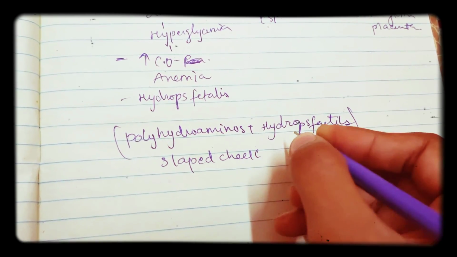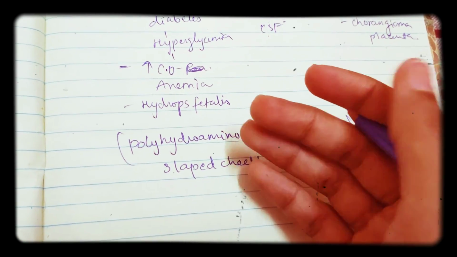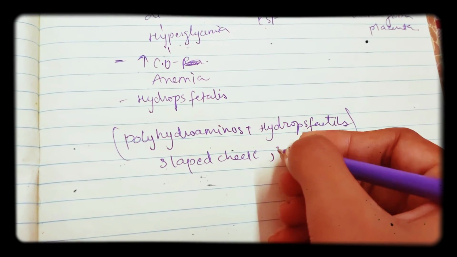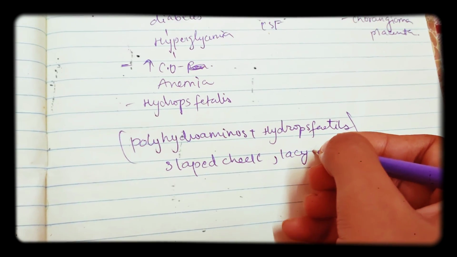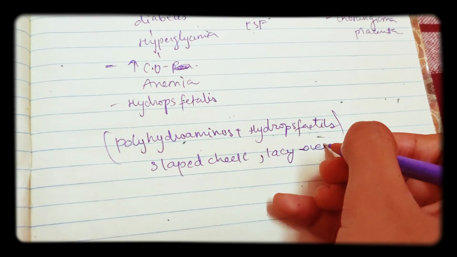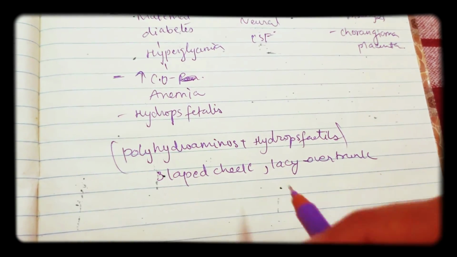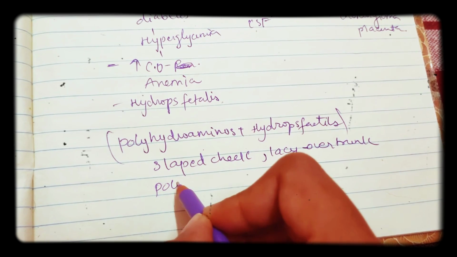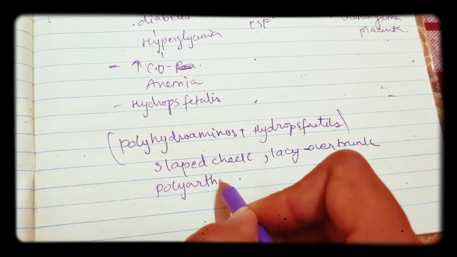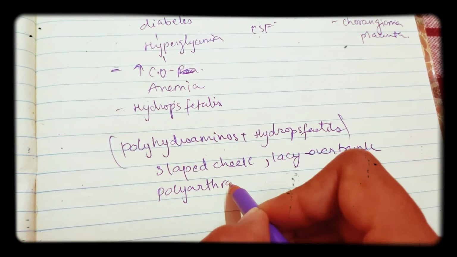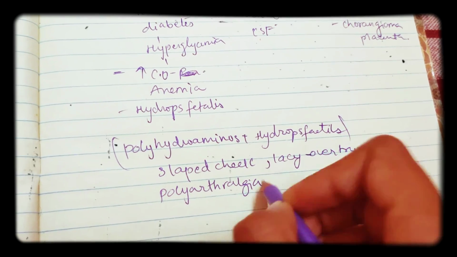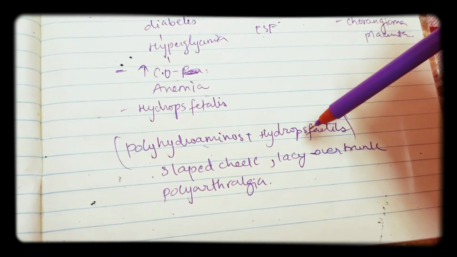The cheek will be so red, as if someone has slapped it. And also a lacy pattern over the trunk. And next is polyarthralgia, that is, the joints are swollen. So this is a case where you see polyhydramnios and hydrops fetalis.